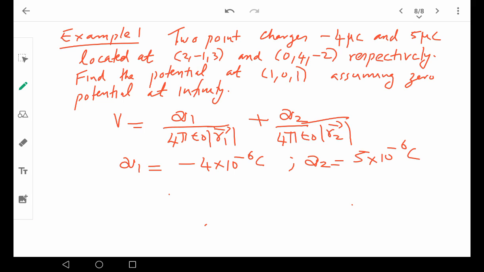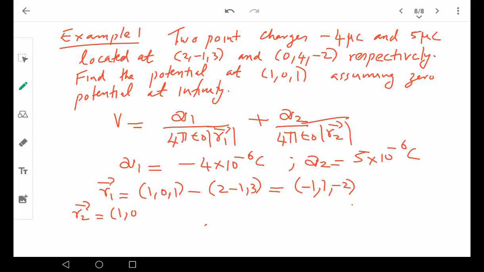Vector R1 equal to (1, 0, 1) minus (2, minus 1, 3), equal to (minus 1, 1, minus 2), and R2 equal to (1, 0, 1) minus (0, 4, minus 2), equal to (1, minus 4, 3).